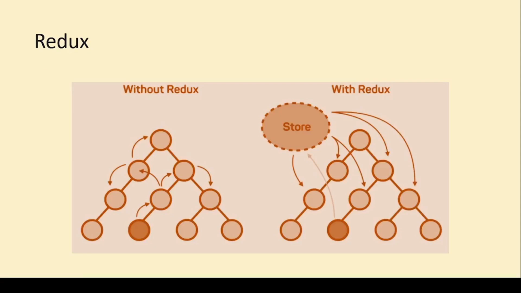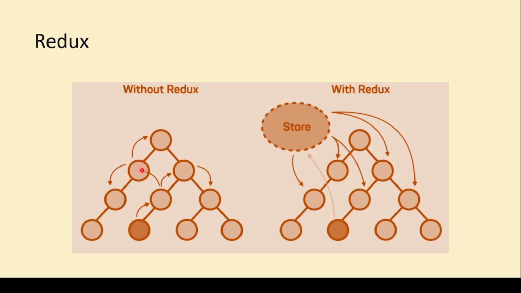Now, can we just try to understand with the help of an example? We have a left-hand side where you see without Redux, and on the right-hand side you see with Redux. So imagine you have a large family and you need to pass a message from one family member, let's say at the top, to someone at the bottom.